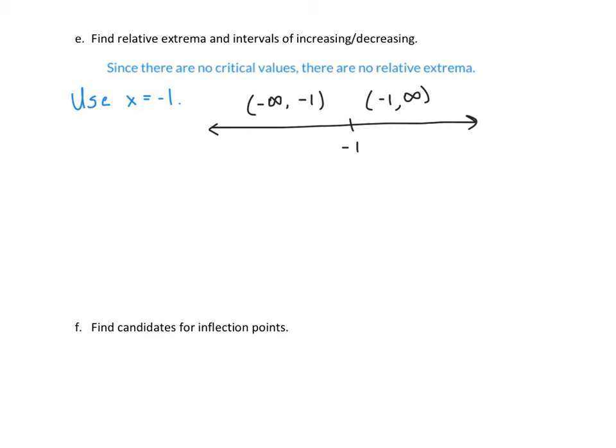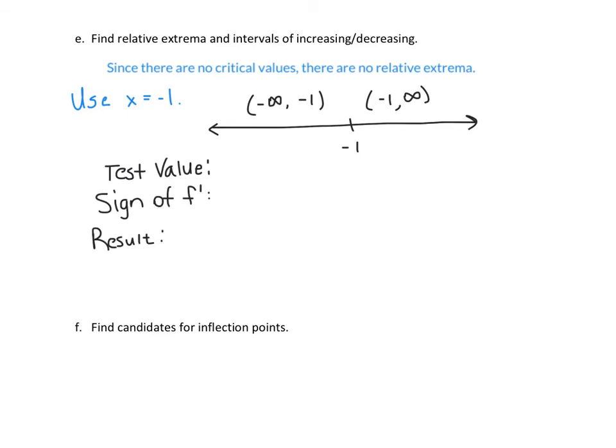We will divide our number line at -1 to create two intervals. We will pick test values in these intervals and test them in our first derivative to determine whether they are positive or negative. That will tell us whether we're increasing or decreasing on that interval. Remember, if the first derivative is positive, we are increasing. If the first derivative is negative, the function is decreasing on that interval.